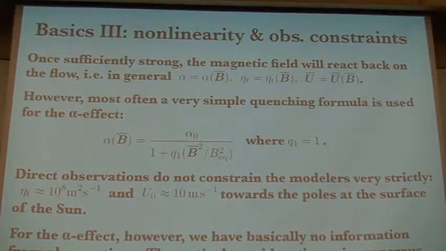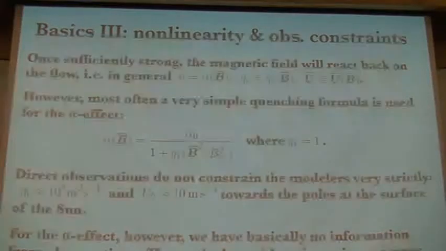And if you are using CGS, then you have to multiply this by 10,000. And then we also know that on the surface layers of the Sun, there is a large-scale flow towards the poles. And the magnitude of this flow is about 10, 20 meters per second. But this is only known for the very surface layers of the Sun, so something like 20 megameters.